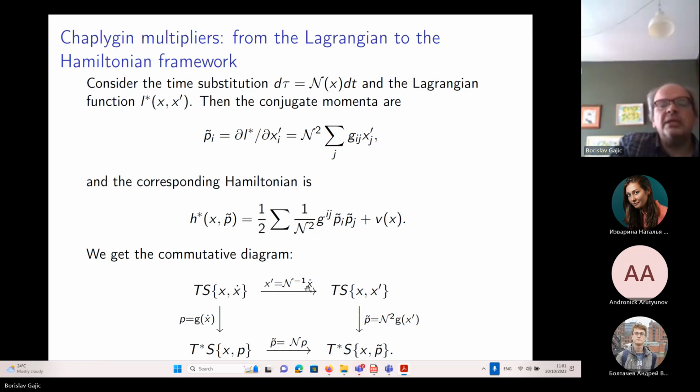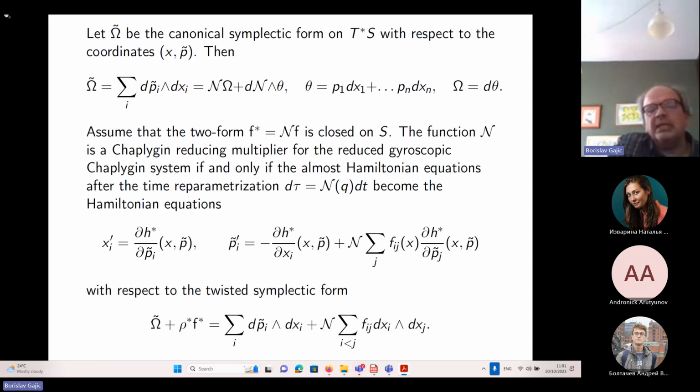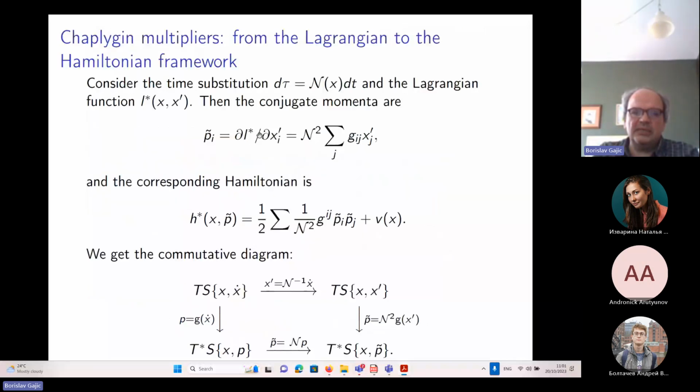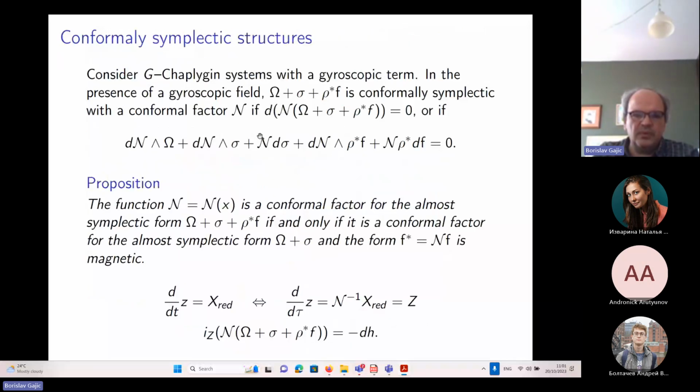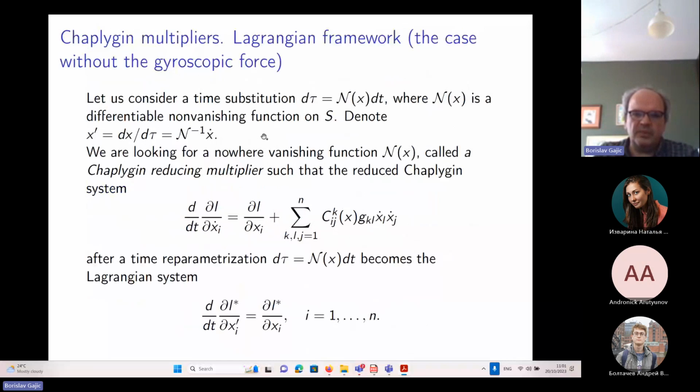So now omega tilde is the canonical symplectic form of T star S with respect to these new coordinates x and P tilde. Given this formula, assume that our two-form is closed on S. This is exactly the case that we discussed before in the proposition.